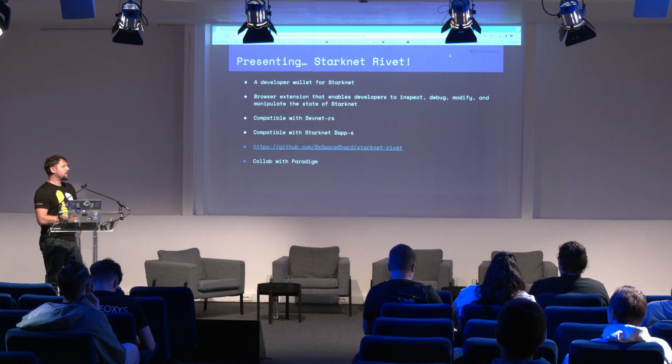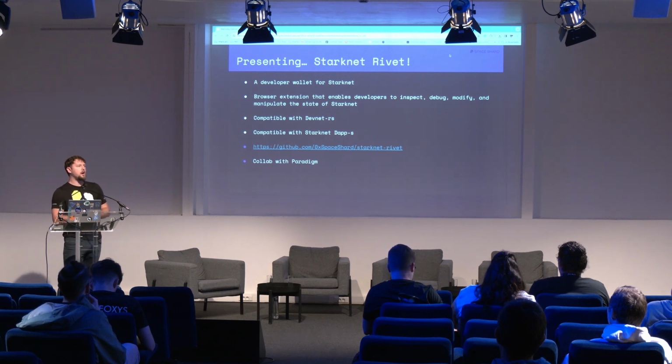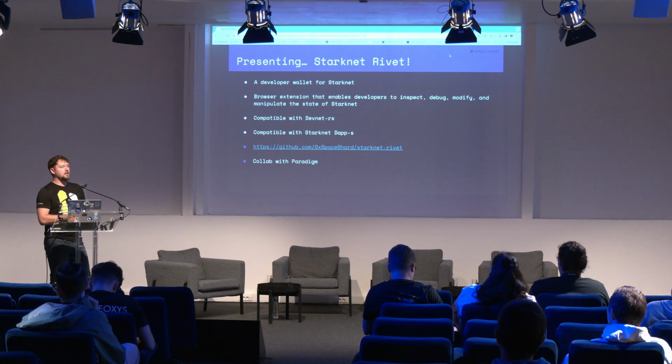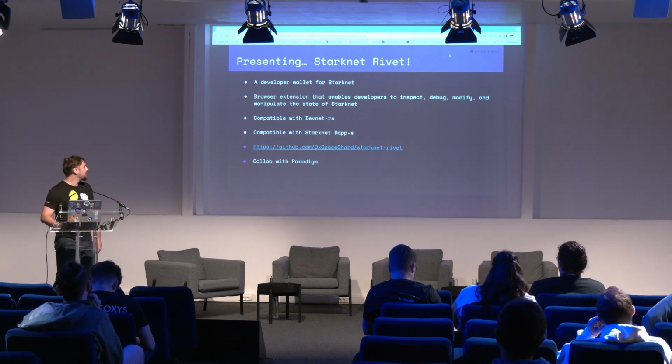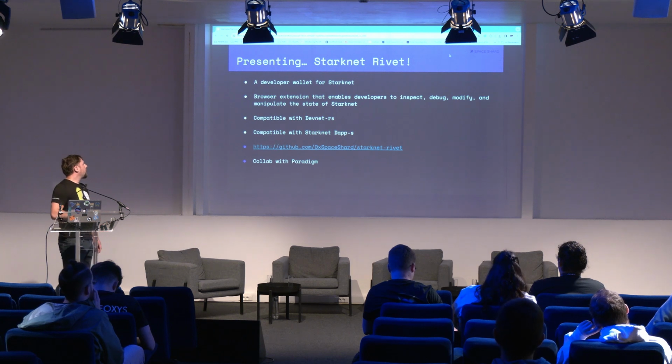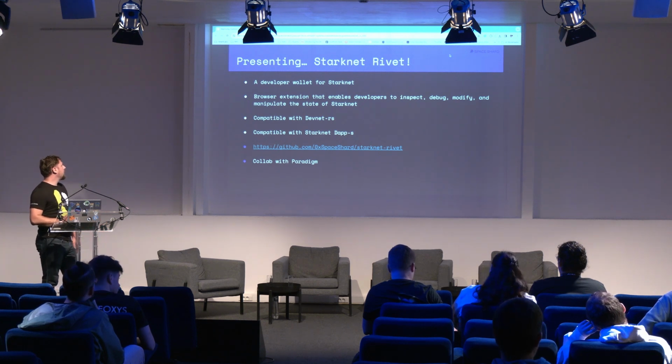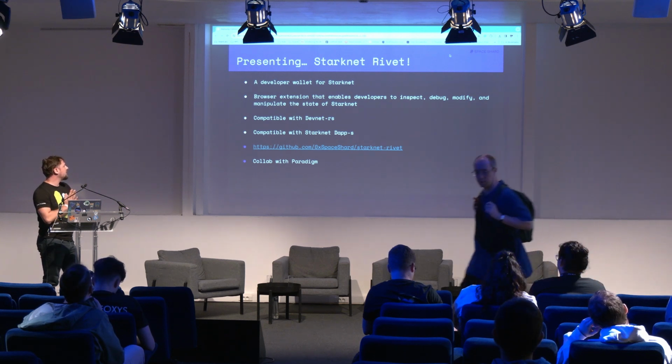You can find the specification of the API under Starknet types.js. There are general types of RPC specification, but also wallet RPC API specification. Starknet Rivet is a project of Paradigm, Rivet for Ethereum, and we are doing the same for Starknet now.